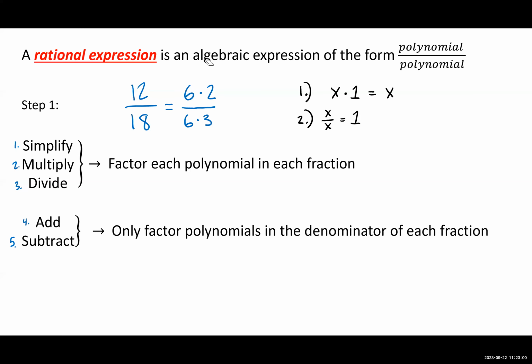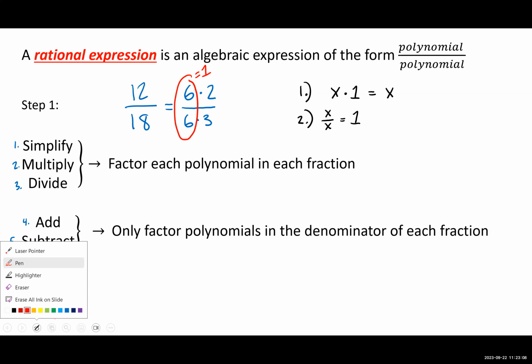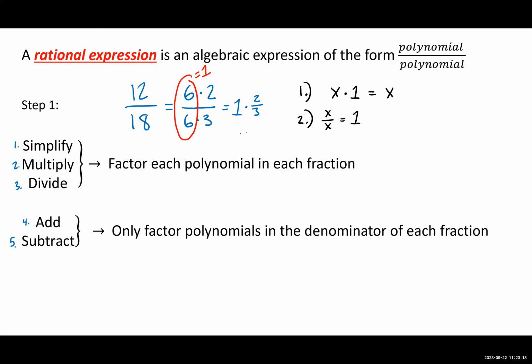Why are we allowed to cancel the 6? Well, 6 divided by 6 is equal to 1. So that's 1 times 2/3. And any number times 1 is equal to itself. So that's equal to 2/3.